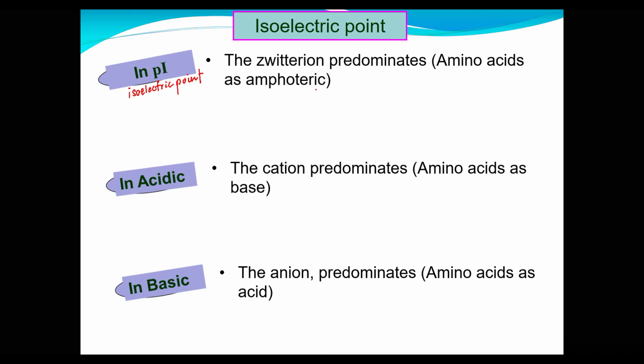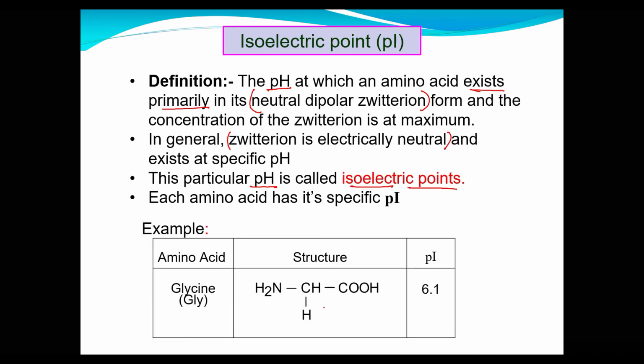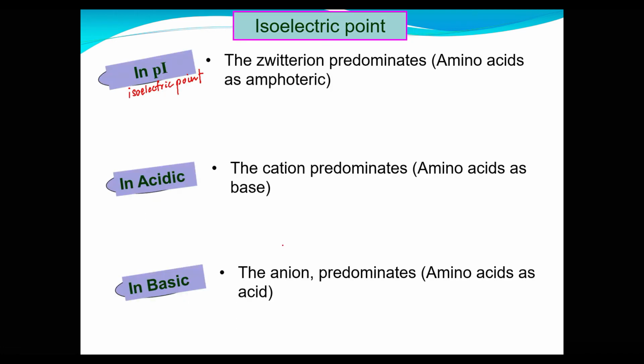At the isoelectric point, glycine exists as a zwitter ion, or we say that the zwitter ion predominates. So the structure of glycine must be in the form of a zwitter ion.